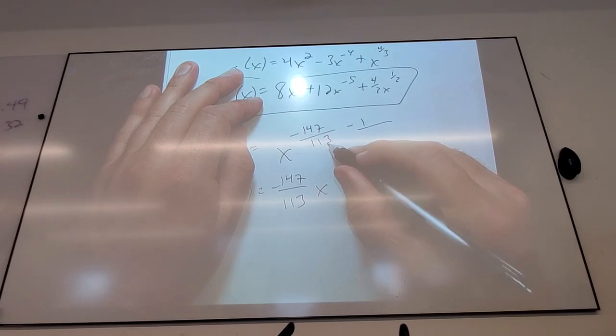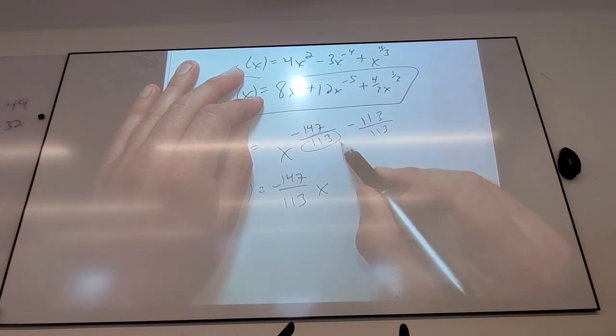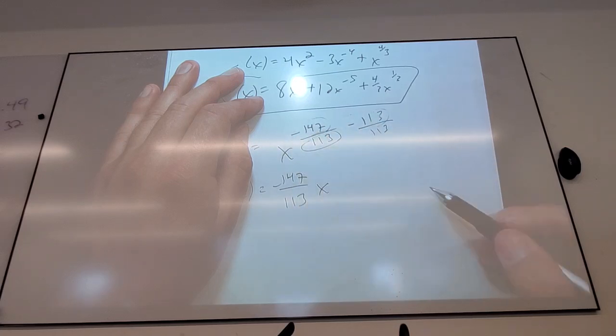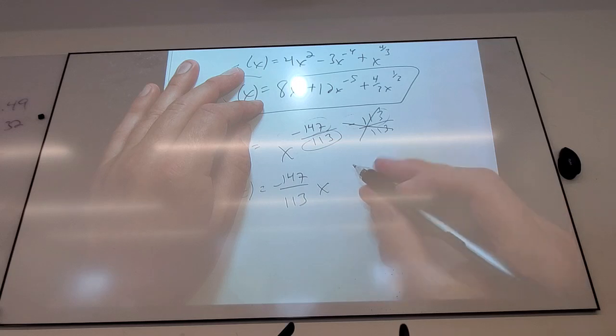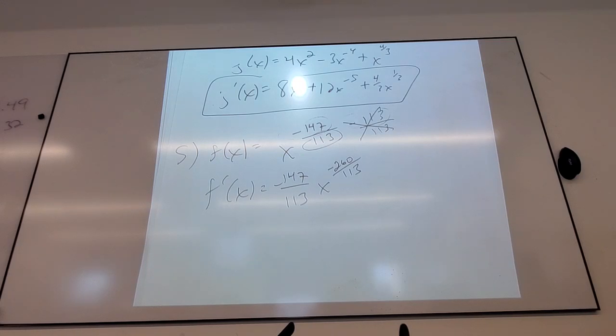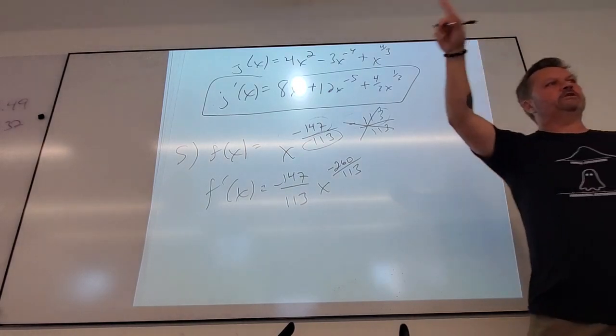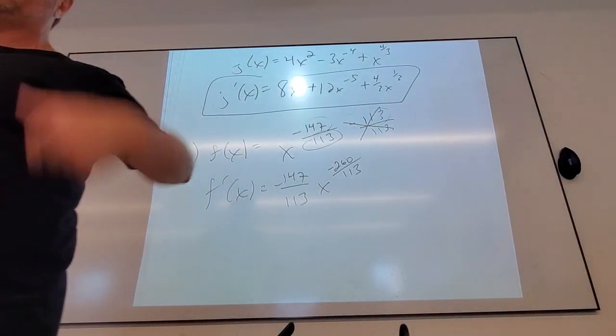And won't the like denominator always be this? So don't I actually subtract this from this? Just do negative 147 minus 113, which is what? 260 over 113. So taking the derivative of fractional power stuff is easy. We'll take the derivative of any power stuff, it's easy.